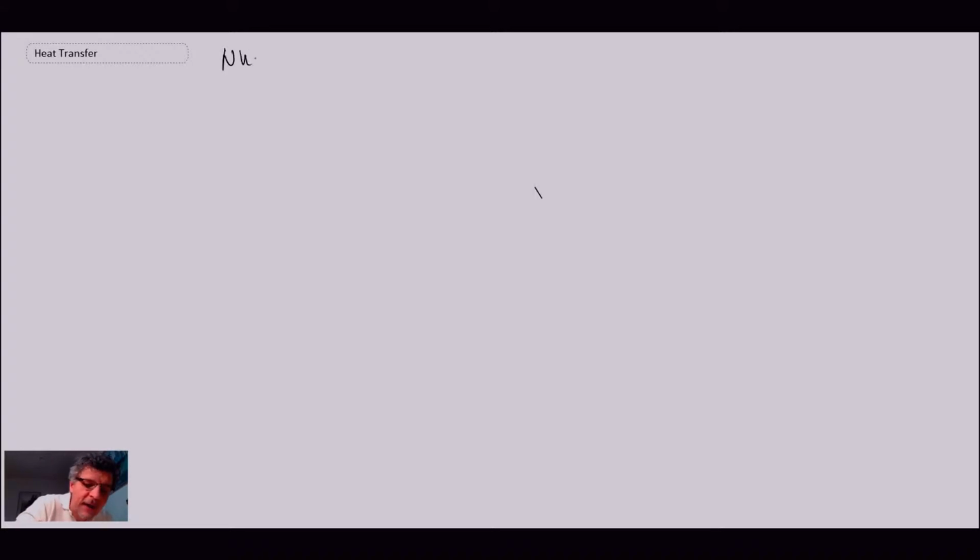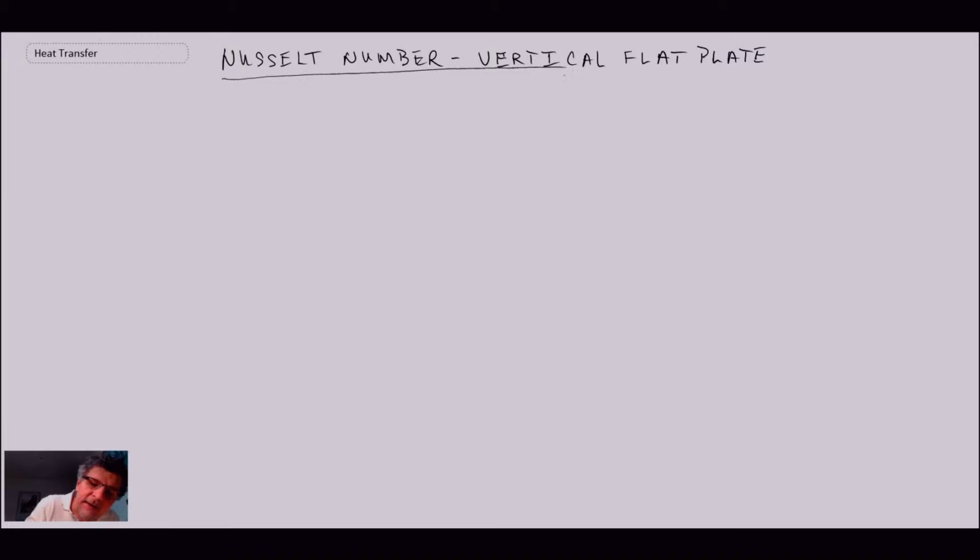And so for laminar flow, this would be for a vertically heated flat plate, constant temperature. If you go through the analysis, you would use a similarity solution, and it results in a series of two nonlinear ordinary differential equations.